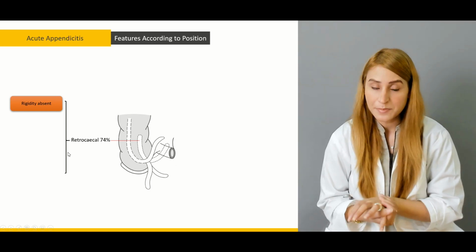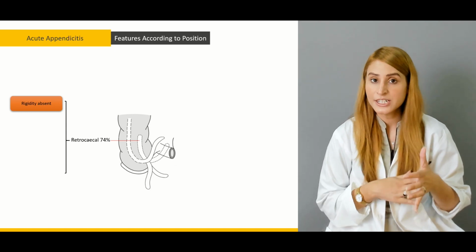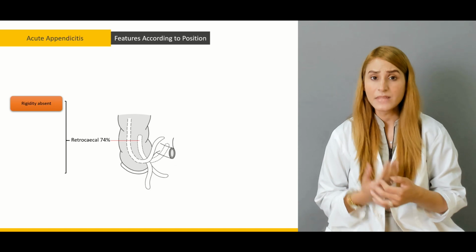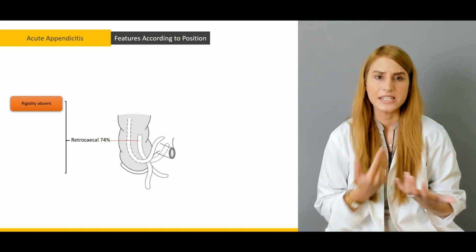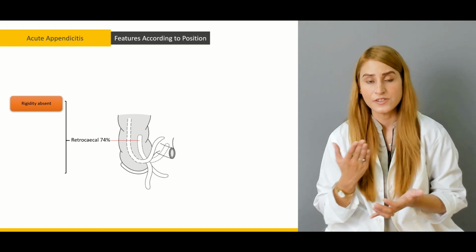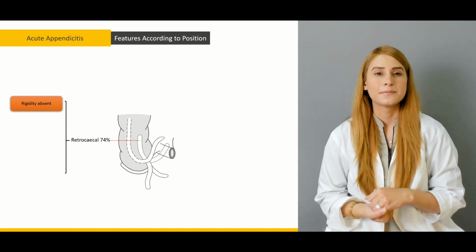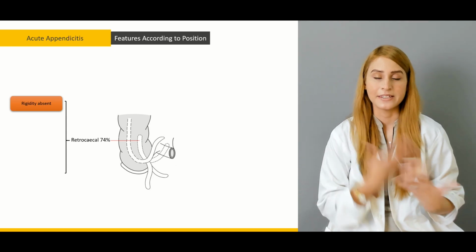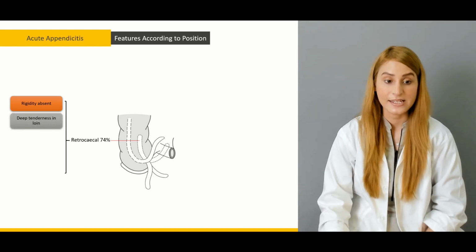Why is the rigidity absent? Because I've already told you that the appendix is lying behind the cecum, and most of the time the cecum is distended with gases, and whenever you try to do the superficial palpation, there is hindrance between your hand and the appendix, and there is no tenderness.